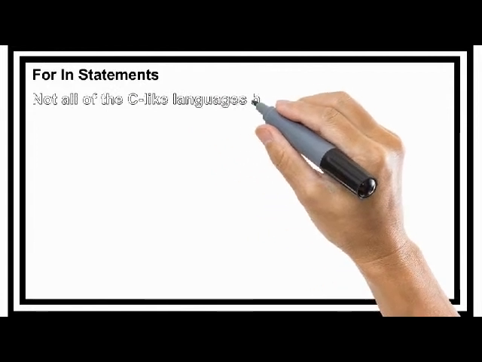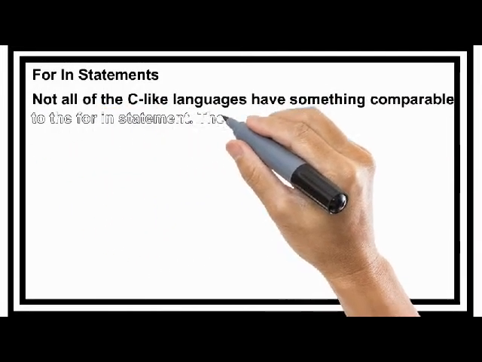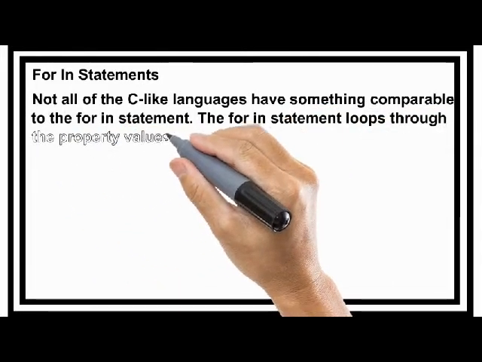For in statements. Not all the C-like languages have something comparable to the for in statement. The for in statement loops through the property values of an object.